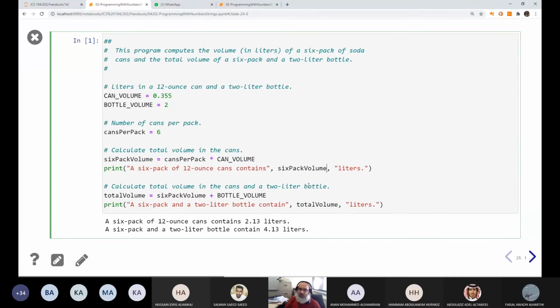Okay, is that clear, guys? Doctor, do you expect us to write a comment on each line? Well, maybe not each line. As you can see, for these two lines, for example, there was one comment.